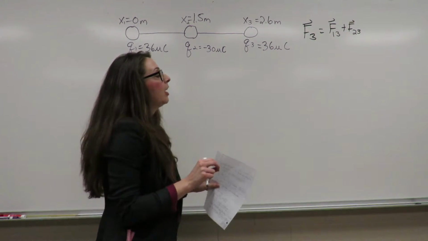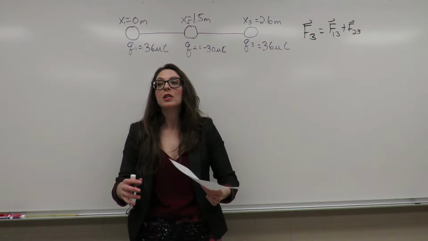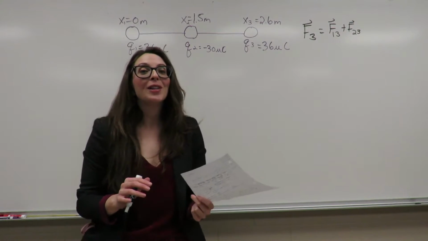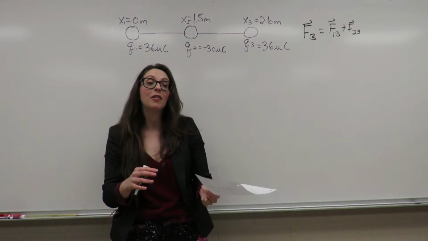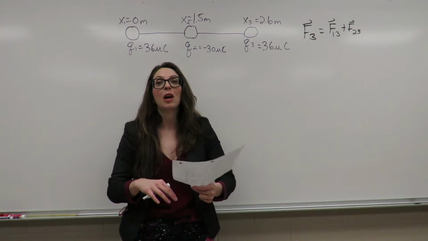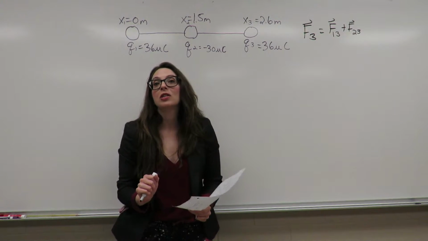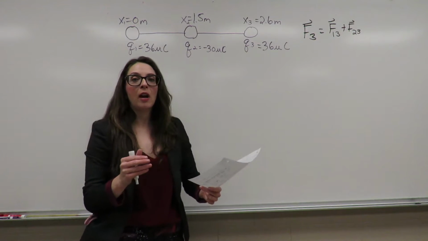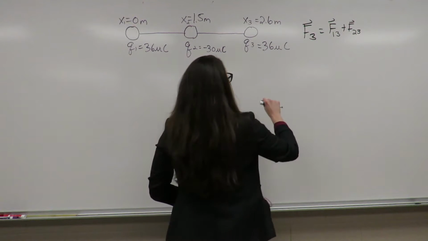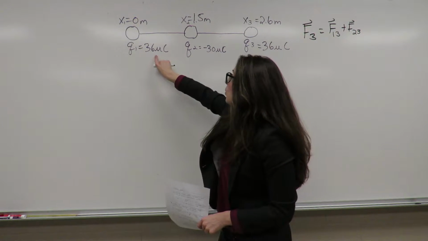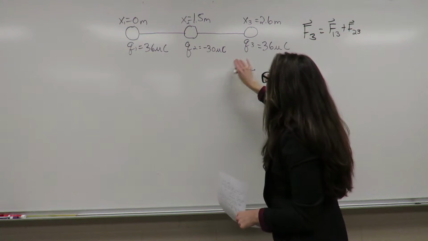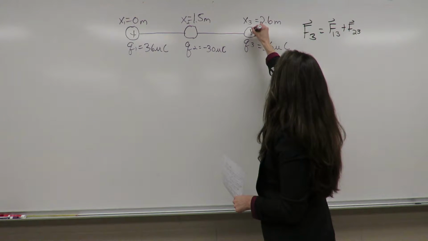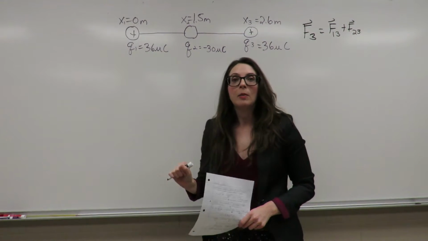Now, remember that forces between charges are attractive if the charges are of opposite sign, and repulsive if the charges are of the same sign. If I draw the direction of the vector for force 1,3, the force that charge 1 exerts on charge 3: charge 1 is positive and charge 3 is positive, so those forces are going to be repulsive.